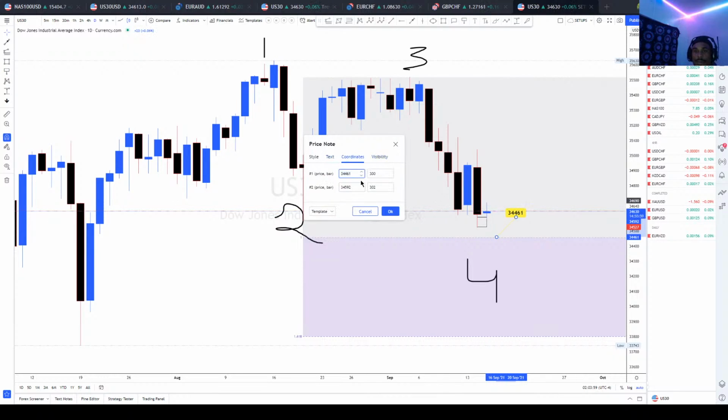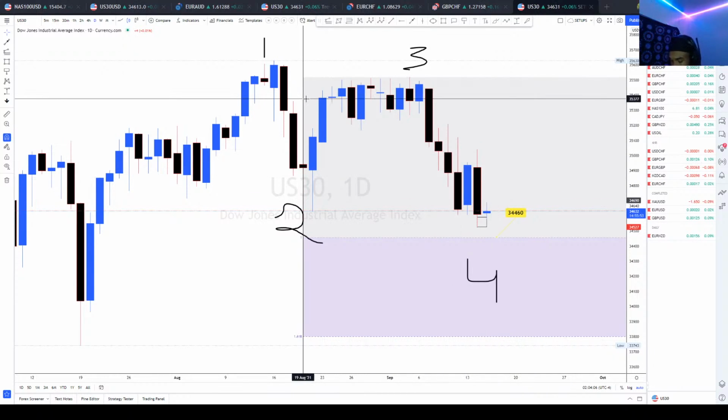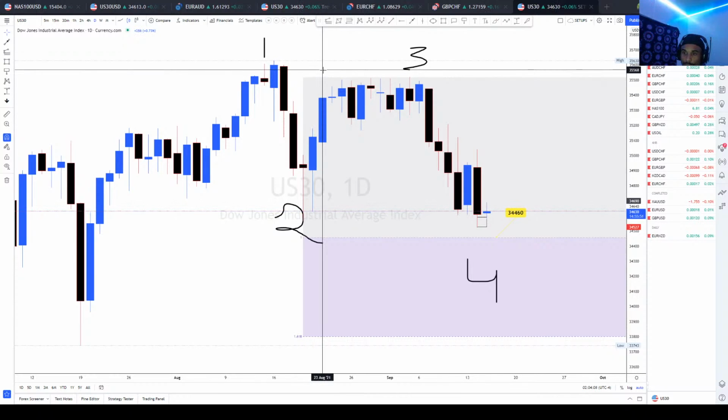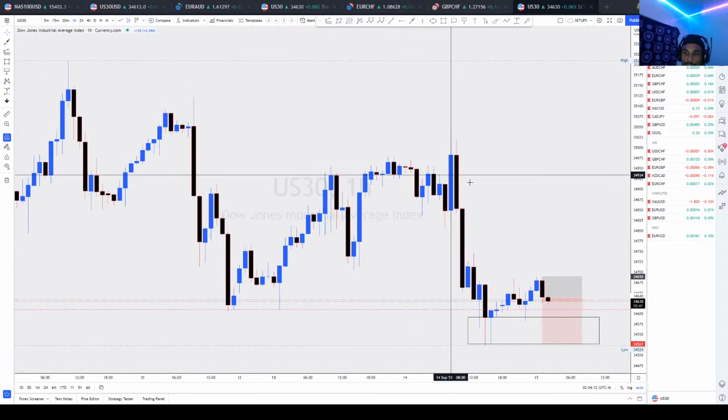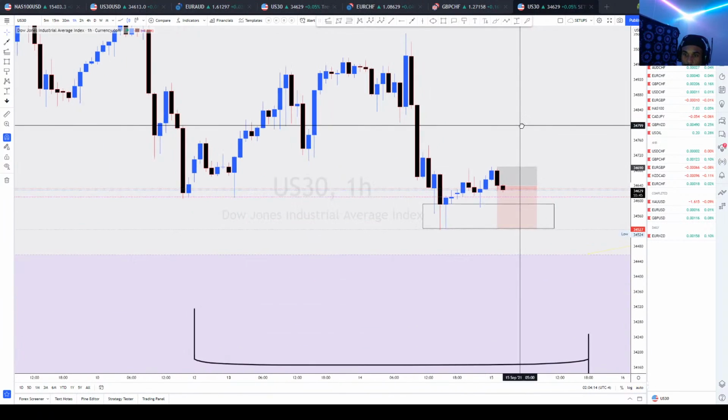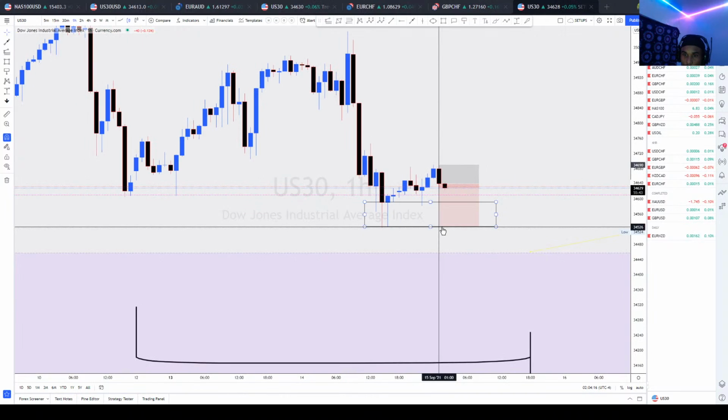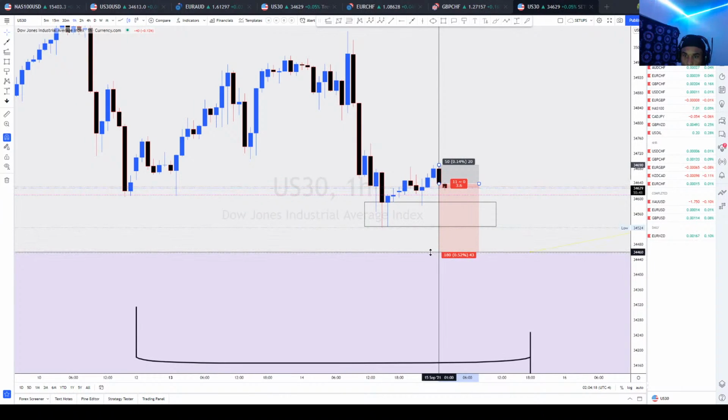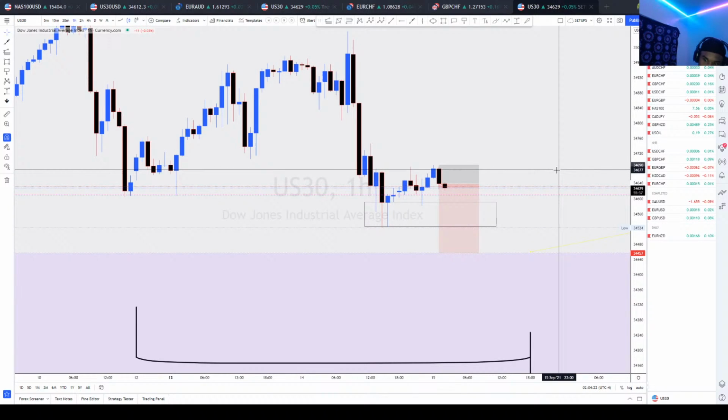So I'm anticipating the Dow to come down to 344.60 just because of where the 100% completion is. I think that's 90 points down, not far at all actually. So 183 points from the opening of 2 a.m.